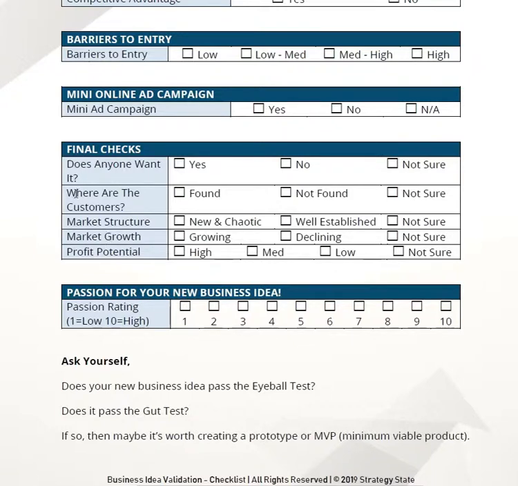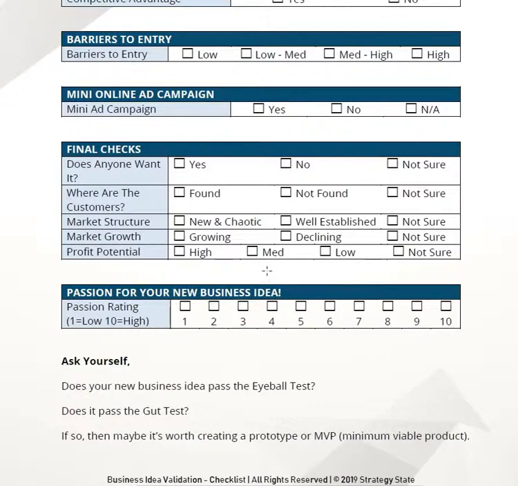And then it comes down to final checks. There's a few final checks that you want to go through, and then I guess the most important one, once you've gained all this information on your new idea or product, is what's the level of passion that you have for your idea.